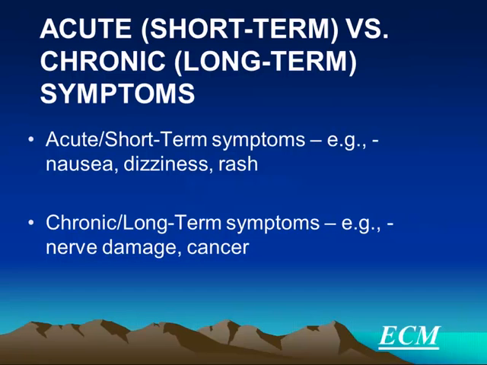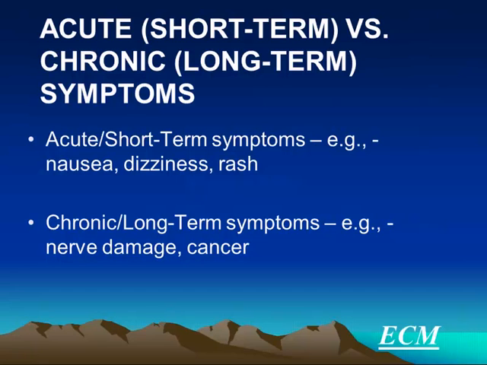The reverse of that is chronic or long-term symptoms. So that's something that you're not going to see 5 minutes after you're exposed to a chemical. That might be something you don't see for several years. I used to walk in the back of shops, and guys would be washing their hands before lunch in the starter solvent, the parts washers, which is a carcinogen, and that's not something they're going to see right away.